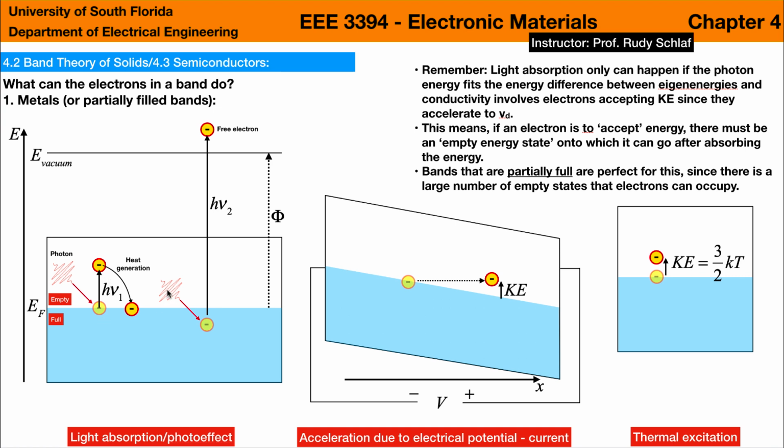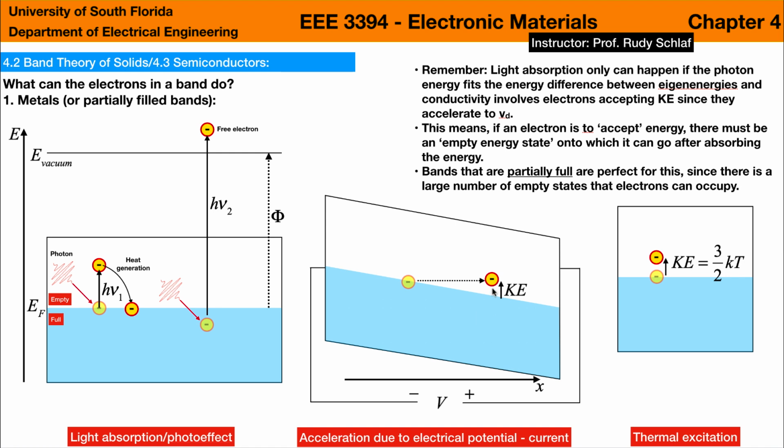If the photon has a higher energy, then the electron can perhaps make it into the free electron continuum and leave the metal. So this would be the photo effect that I already discussed. When it comes to conductivity, the electrons can of course accept kinetic energy if we apply a voltage to the material.